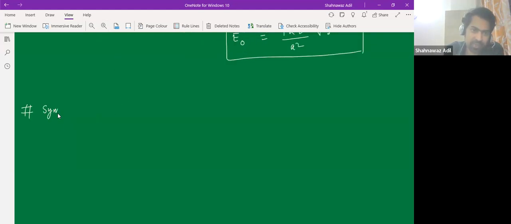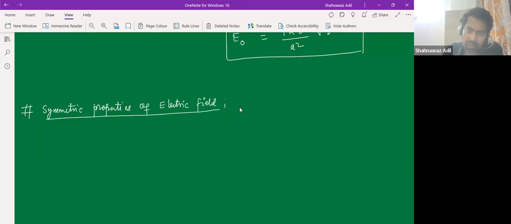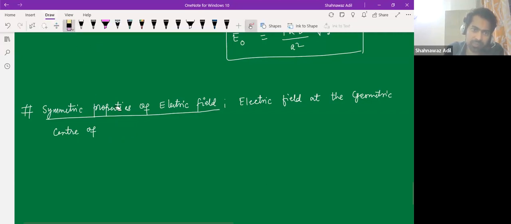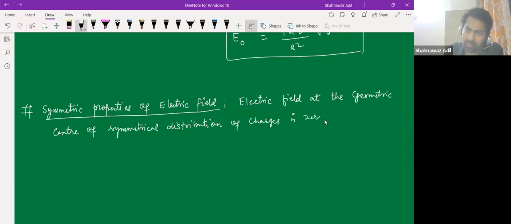So these have a symmetric property of electric field. The electric field at the geometrical center of an equal or symmetrical distribution of charges is 0, right?